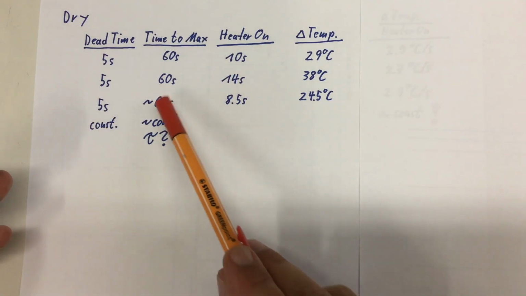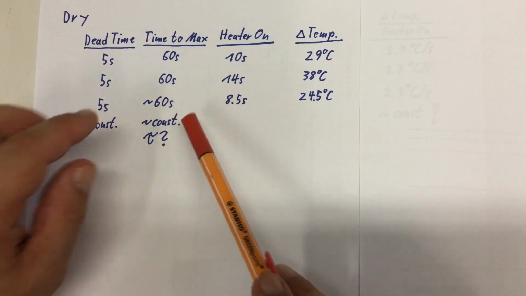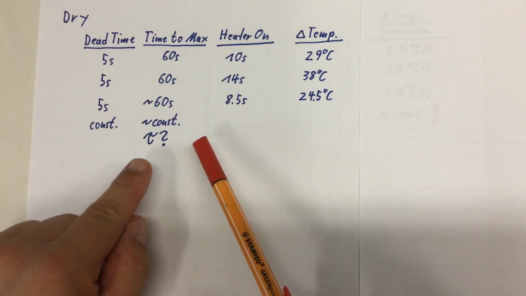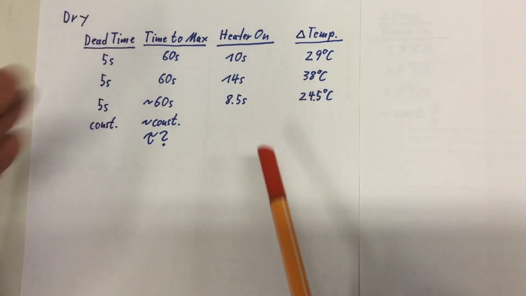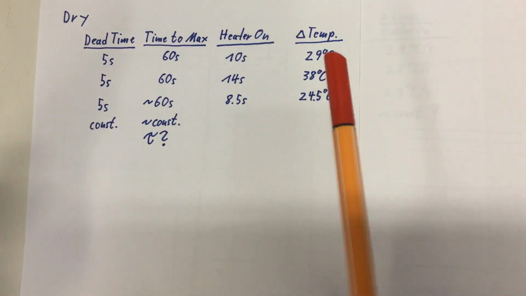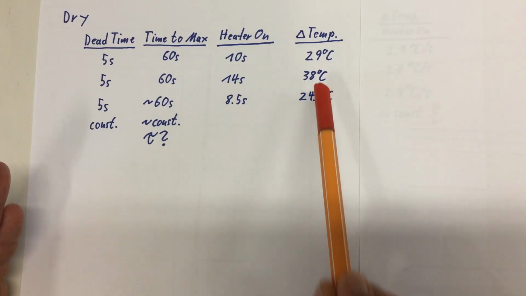So in the third run it was a little bit shorter maybe, but it's almost constant. So tau question mark. Obviously our heater on times were different, as were our delta T's.